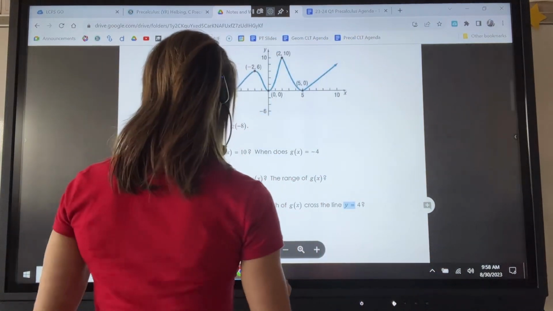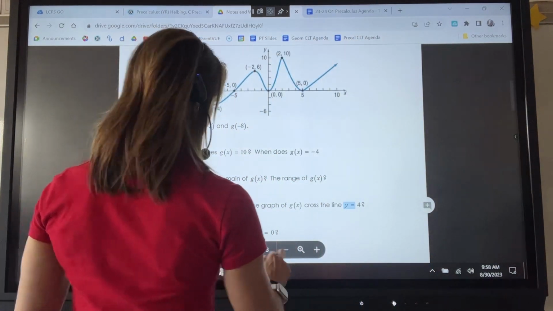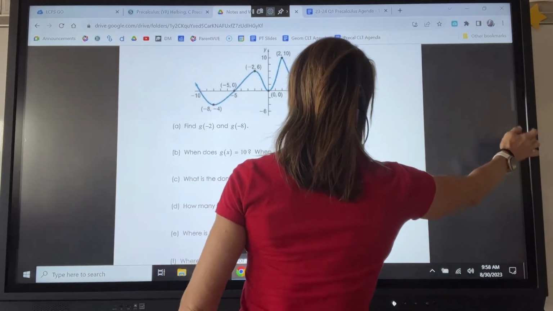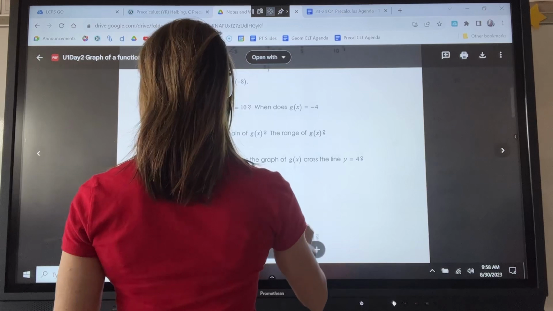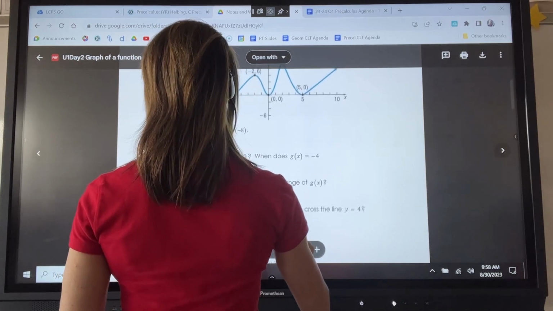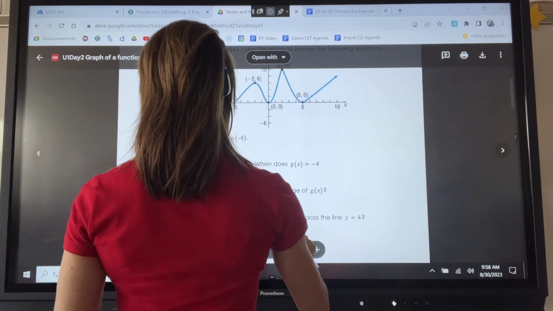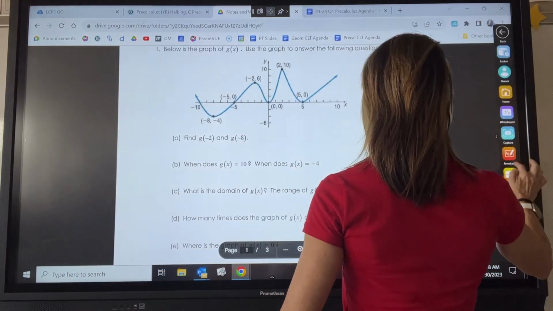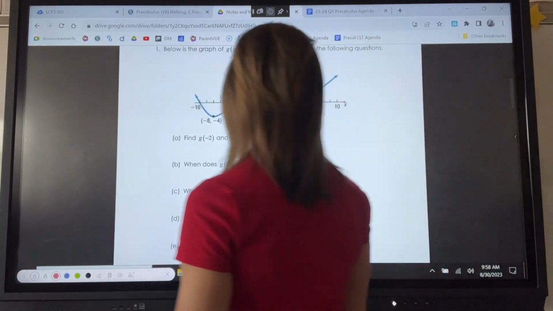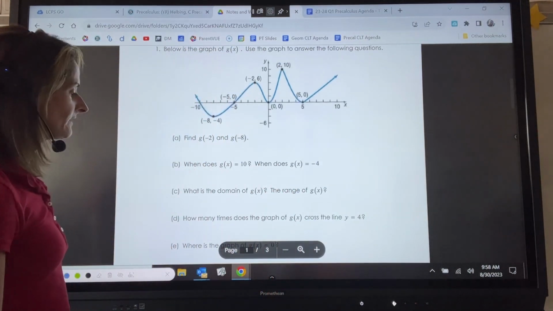Where's the graph of g of x equal to 0? All right, here we go. Okay, so where's the graph of g of x equal to 0?